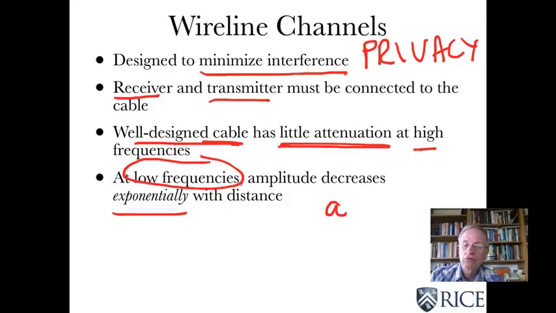Early cables for the telegraph system back in the 19th century worked at low frequencies, and they discovered that they couldn't transmit very far at all. And their only solution, since this is before the electronics era, was to apply a very big voltage to the telegraph wires in order to get the signal across.